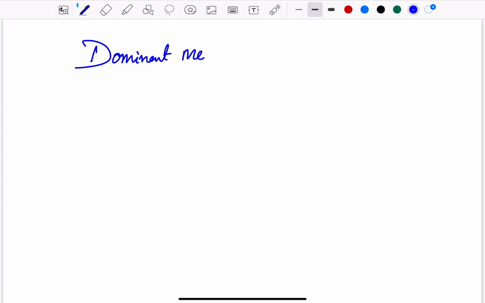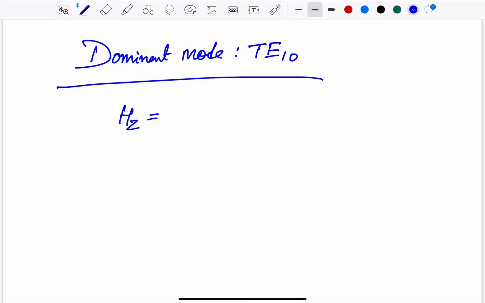The dominant mode TE10, a very special mode. The Hz component will be A10 cos(pi x over a) e to the power of minus j beta z.